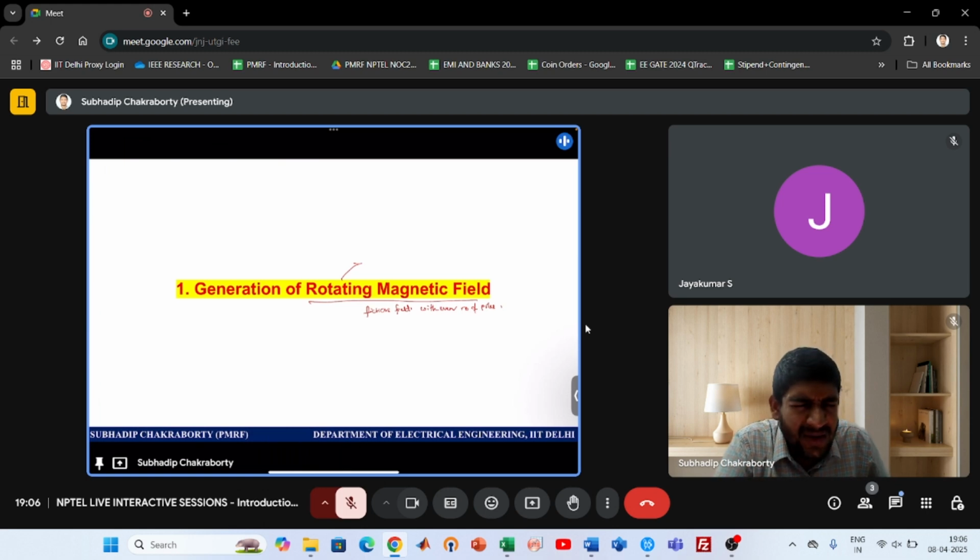Similarly, the construction of the induction machine stator and the construction of the synchronous machine stator are almost the same. That is, we have space displaced phase coils, which are supplied with time displaced voltages.